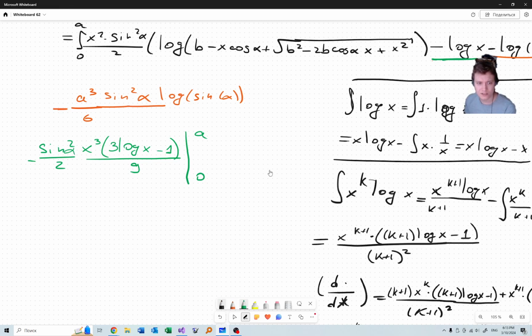So we need to just substitute a into it, and we get minus sine squared alpha a cubed 3 log a minus 1.